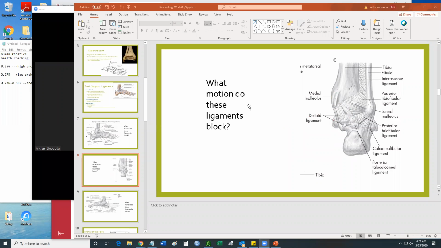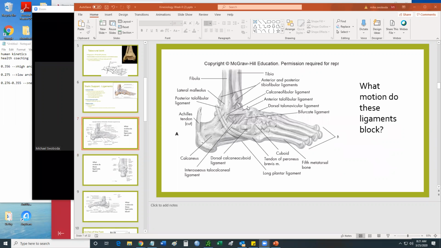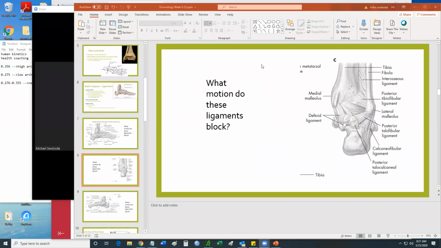The most often injured place or soft tissue in sports as a whole is having an inversion ankle sprain. So what that means is that if we look at this, we're looking at the foot and ankle from posteriorly. So this is your posterior. So this is your heel.